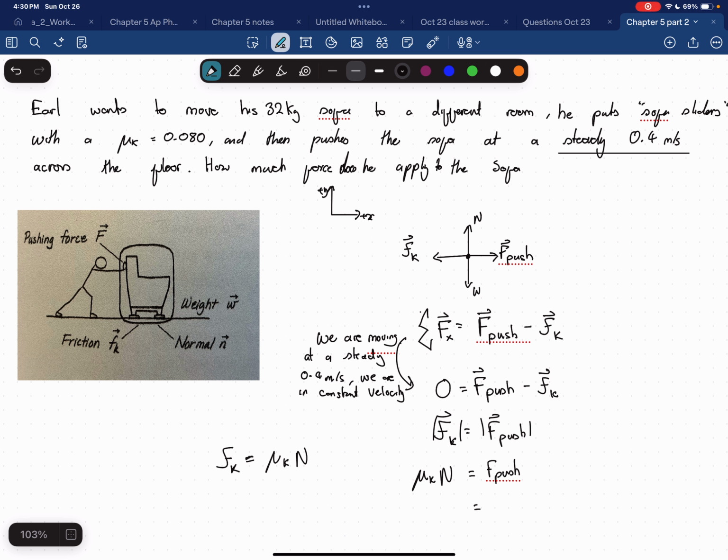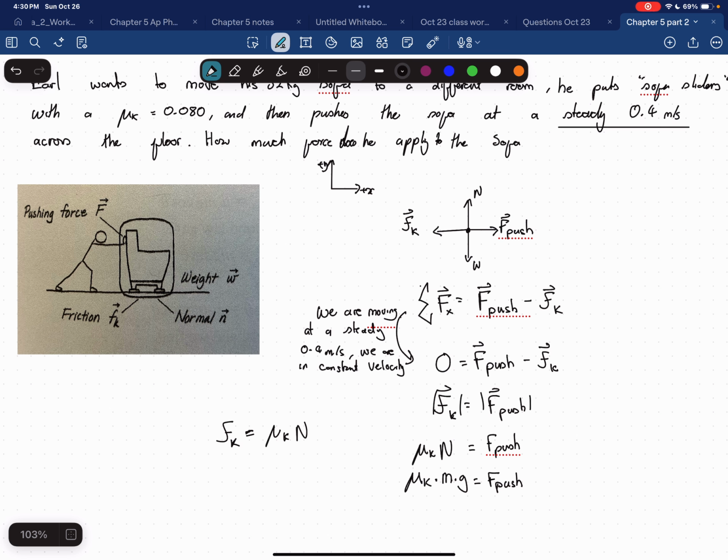They're equal and opposite. But remember, they're not a third law force. The normal force and weight are not a third law force. So our normal force is mg in this case. So really the magnitude of our force push is going to be mu sub k times m times g.